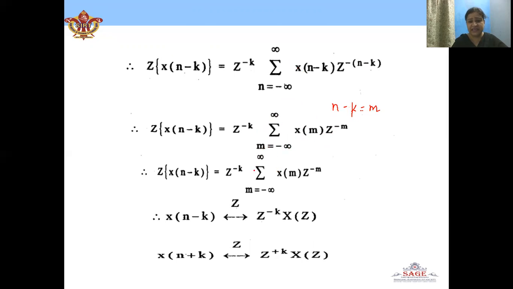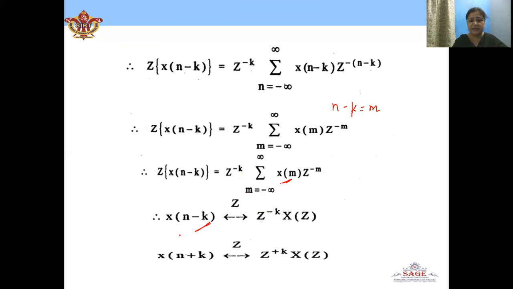Now this expression inside the summation gives the z transform of x(n). So it will be written as X(z) and we have z raised to power minus k also. So this property is proved, which is x(n minus k) has z transform z raised to power minus k X(z). Now here the signal is being delayed.